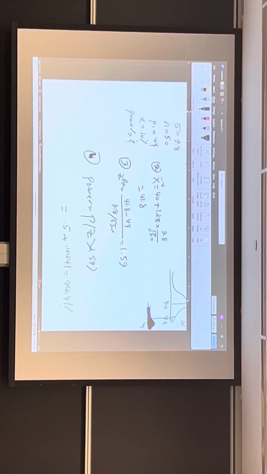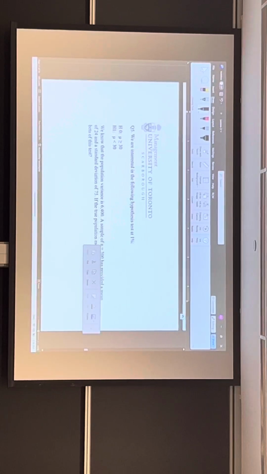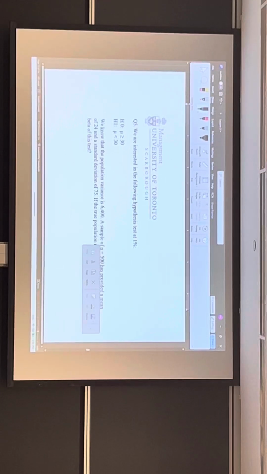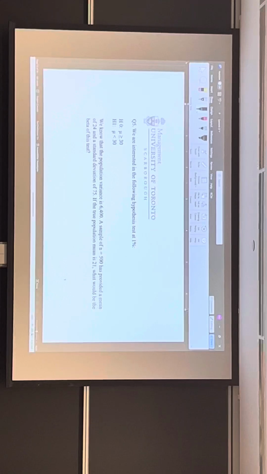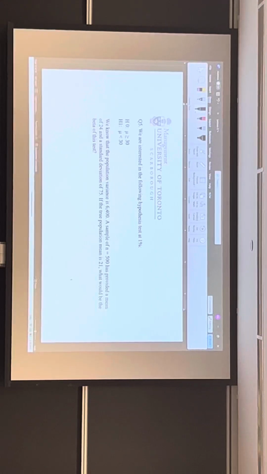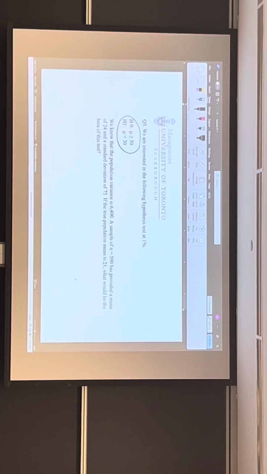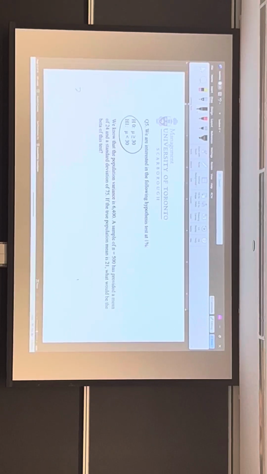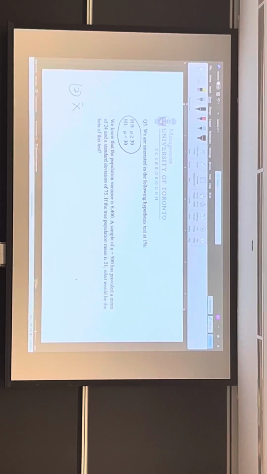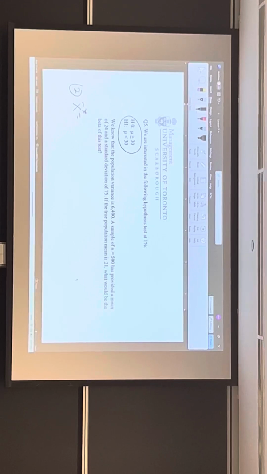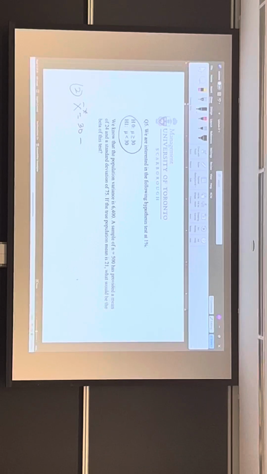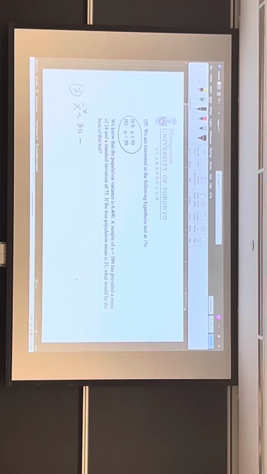Okay, next one. Sort of the same test. Let's do it fast. Lower tail test, not upper tail. Step number 2, calculate the critical value on the original distribution, which should be 30 minus, not plus, minus z of alpha.